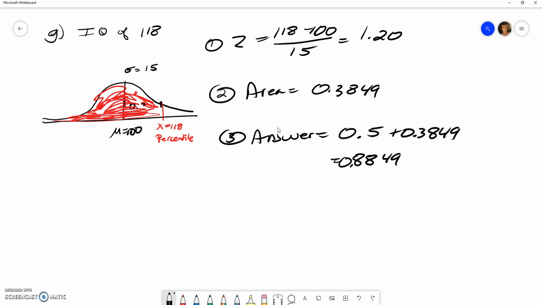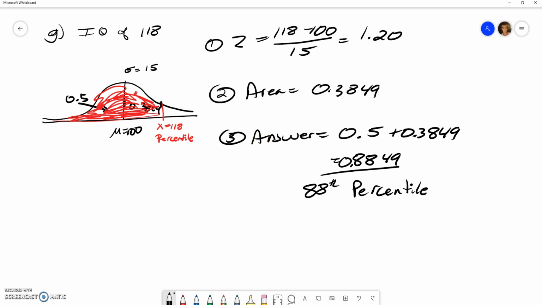This area here is 0.3849. This area on the left side, all of it, is 0.5. So that's why we are in that percentile. This could be read as the 88th percentile. So someone who has an IQ of 118 would be in the 88th percentile.